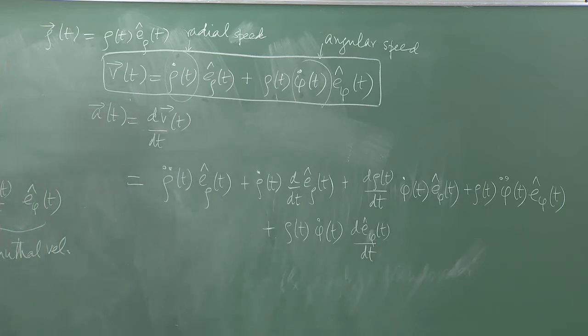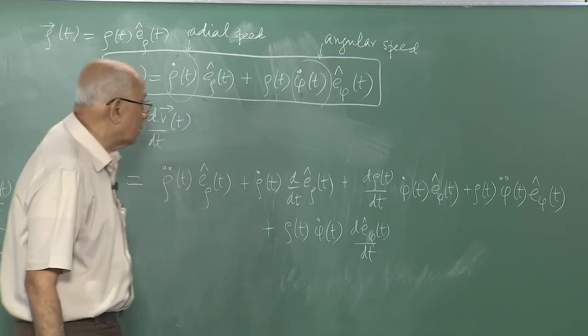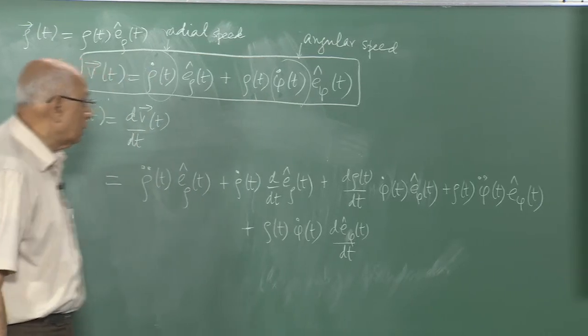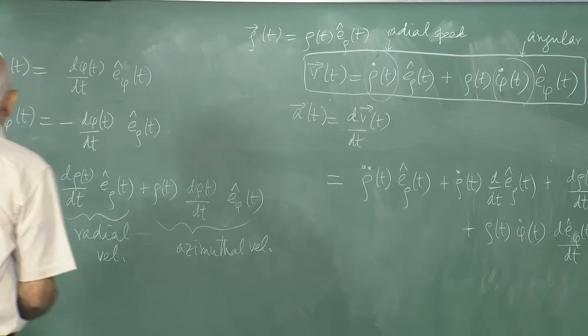So you really have a large number of terms. You differentiate this, you get 2 terms, you differentiate this, you get 3 terms, and therefore you have 5 terms in all. And we have to add up all these terms here. Well, let us do that.